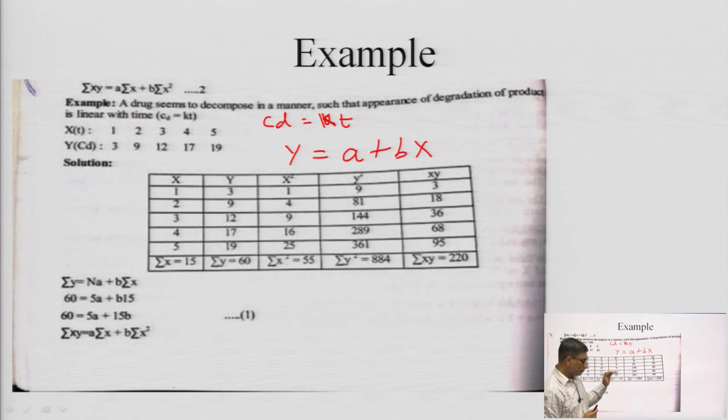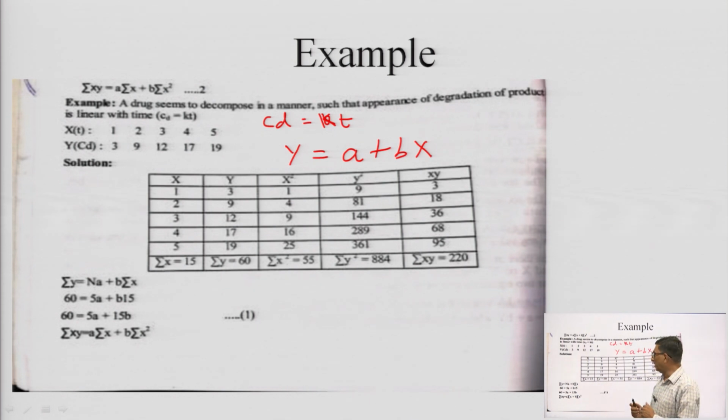So, to find the values of a and b, we find these values, then we put them into the two normal equations. The first normal equation is summation y equal to n a plus b summation x. Summation y is equal to 60, and n is the total number of observations.